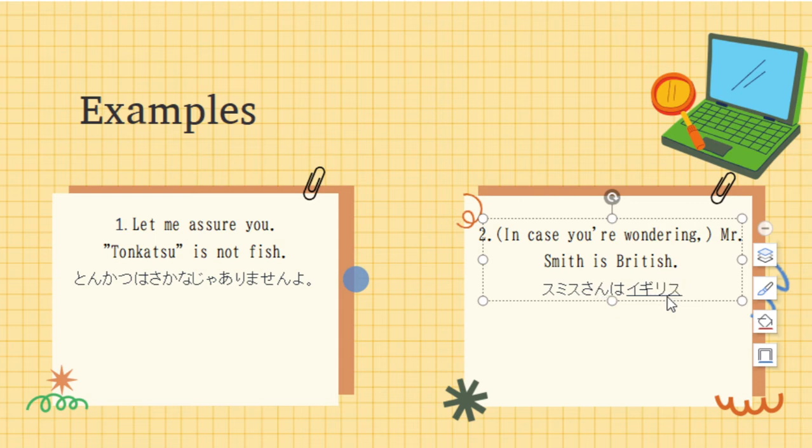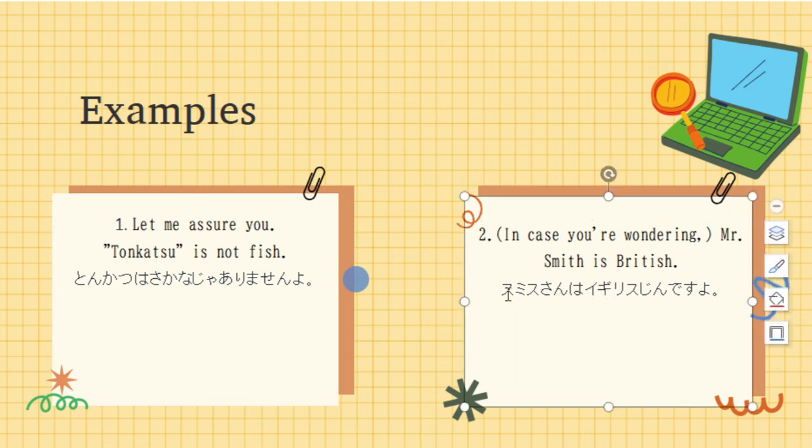Igirisu-jin. And since that is pertaining to the nationality of a person, we will add the jin. Desu yo. Okay, so this is the polite way of saying. Because we have here the desu, if you want to put this here, it is okay. So wala pong diferensya yan. So we have Sumisu-san wa igirisu-jin desu yo. That is for Mr. Smith is British.